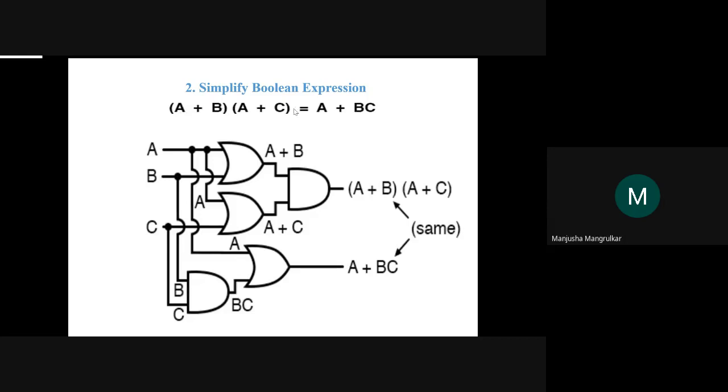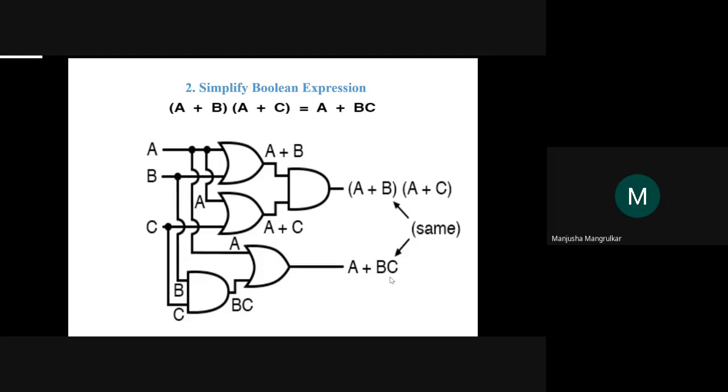A, B, C. So here comes the A or B, and here comes the A or C, and then A or B ANDed with A or C. Now this is the A and B C. A will come, so this is A plus A or B and C.